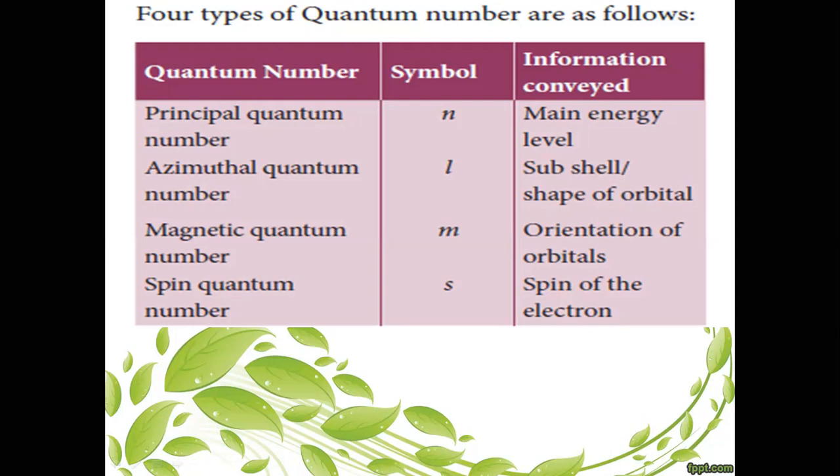Isotones are different elements with different atomic and mass numbers, but the same number of neutrons. There are five laws of chemical combinations: the law of conservation of mass, law of constant proportions, law of multiple proportions, law of reciprocal proportions, and Gay-Lussac's law of gaseous volumes. The first two laws we already studied in lower classes, so three laws we studied in this class.